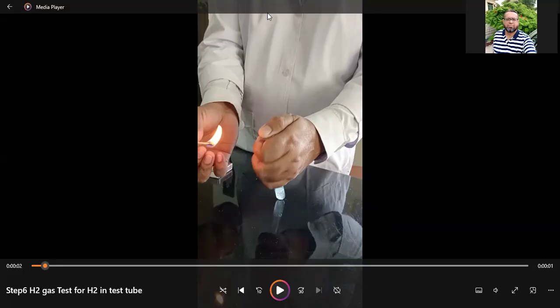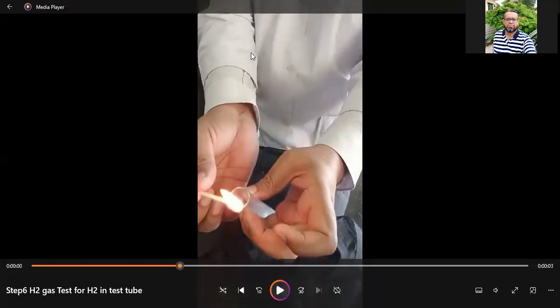So see what happens. We have opened the mouth of the test tube, and we brought a burning matchstick near the mouth. And now you can hear the sound.